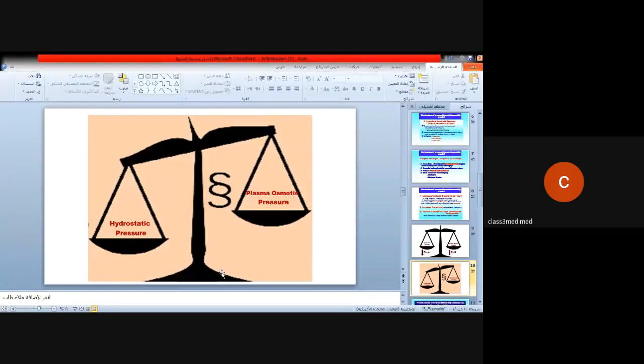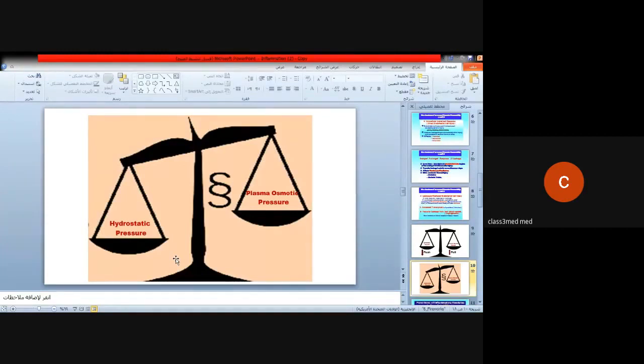So the hydrostatic pressure pushes the fluid outside the circulation. And plasma osmotic pressure cannot return or pull the fluid into the circulation because it is weak due to the loss of plasma protein to the outside of the circulation.